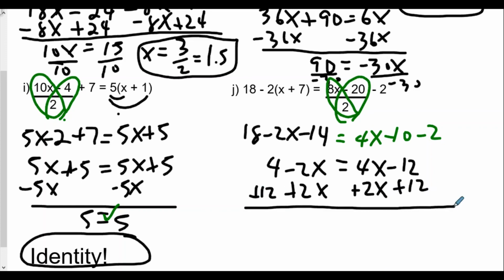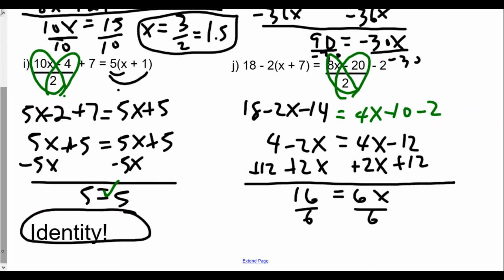And so now we have, on the left side, 16 is equal to 6x. Okay? So double check that. And then divide both sides by 6. We get x is equal to, now 16 over 6 is the same as 8 over 3, which can be written as 2 2/3.